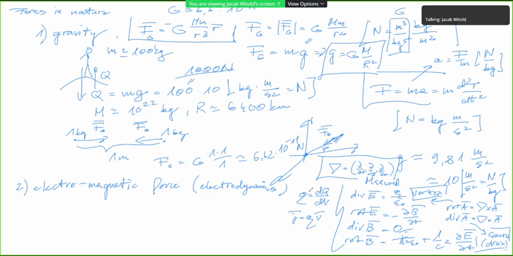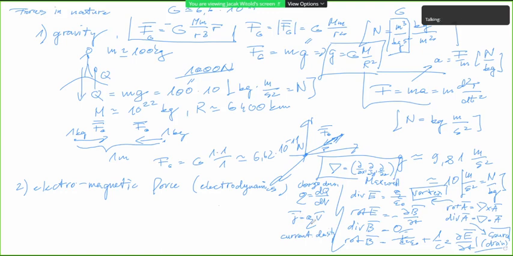Okay, and this corresponds to sources of electric field, and this corresponds to the vortices of magnetic field, because rotation is present here. This we call charge density, and this we call current density.